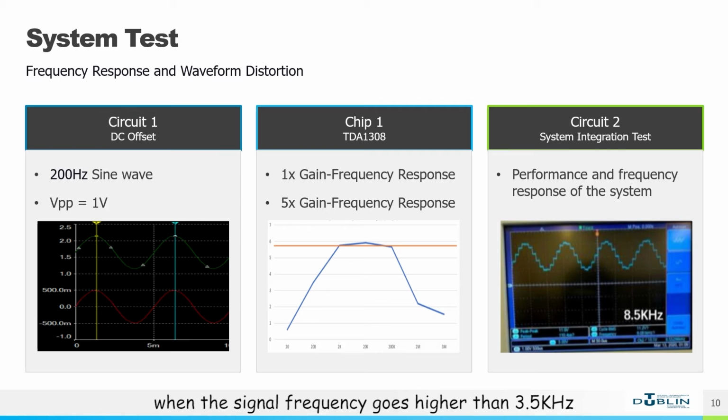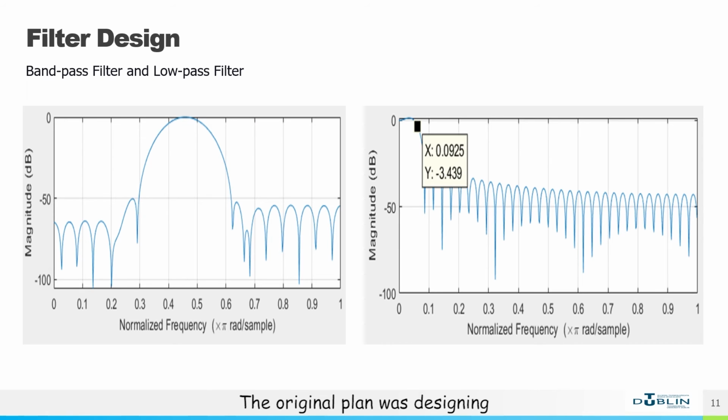The original plan was designing and implementing an FIR filter on the board, which can process and filter out random noise from an audio signal. However, the problem is that the final filter that I designed has more than 1,000 taps.